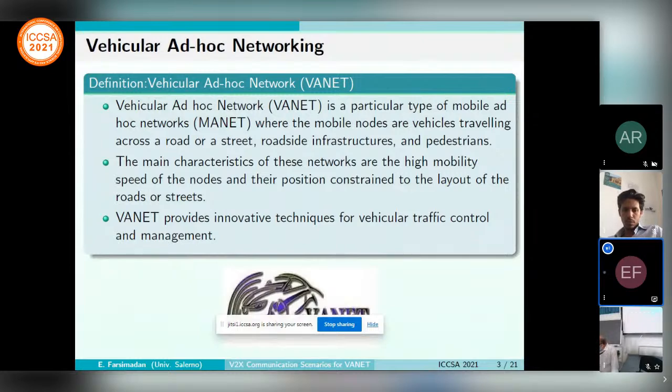And also, other participants are roadside infrastructures and pedestrians. The main characteristics of these networks are the high mobility speed of the nodes and their positions constrained to the layout of the road and street. Actually, VANET provides innovative techniques for vehicular traffic control and management.